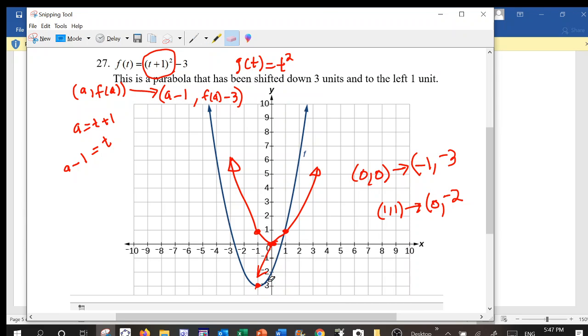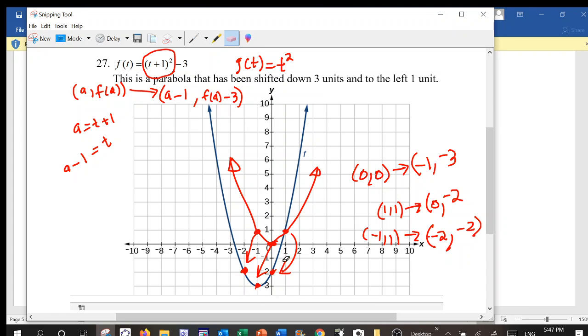So you see 0, negative 2 right there. And negative 1, 1 goes to, what's negative 1 minus 1? Negative 2. And what is 1 minus 3? Negative 2. So it goes to negative 2, negative 2, which is right there. And then you graph it.